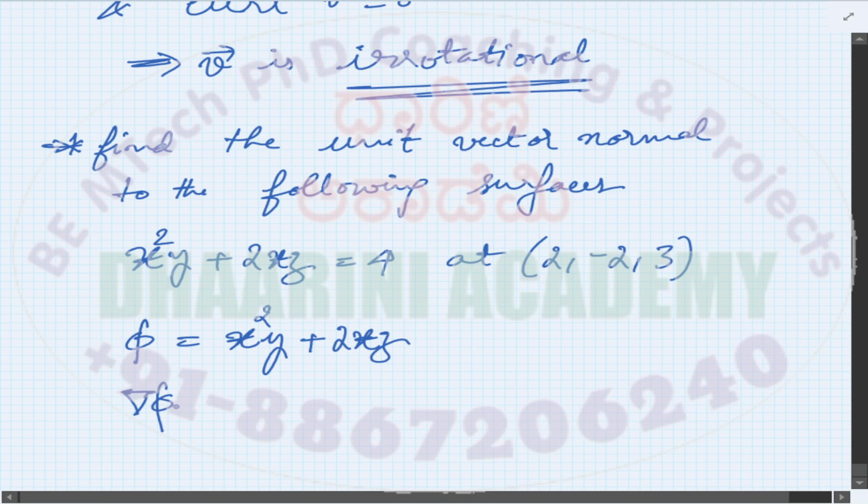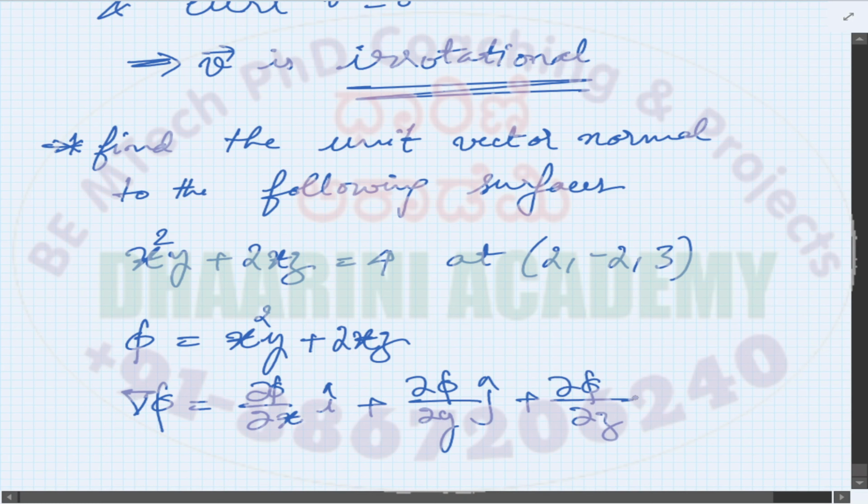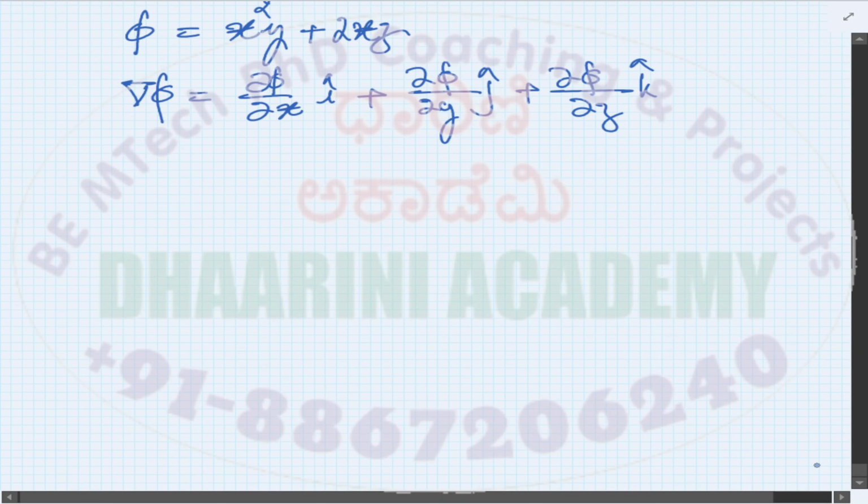So what is del phi? Del phi is dou phi by dou x into i cap plus dou phi by dou y into j cap plus dou phi by dou z into k cap. We just have to find this.